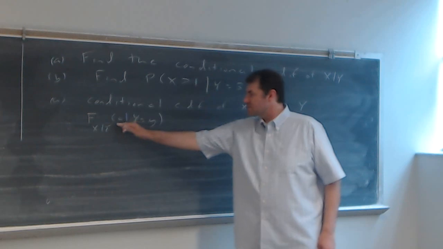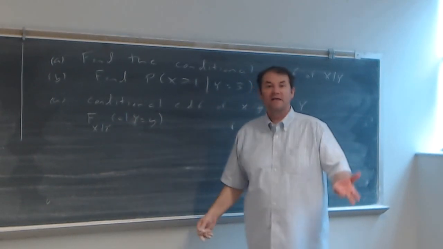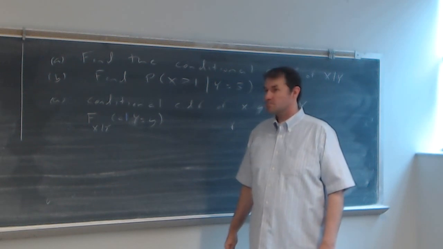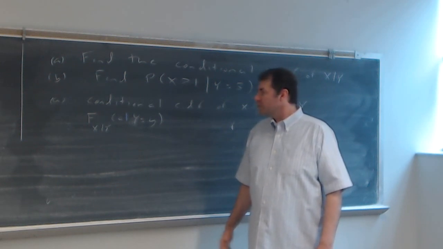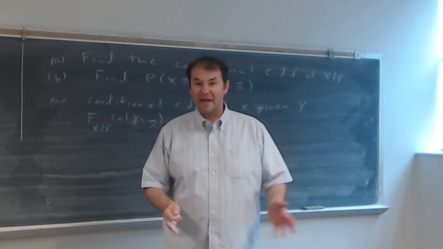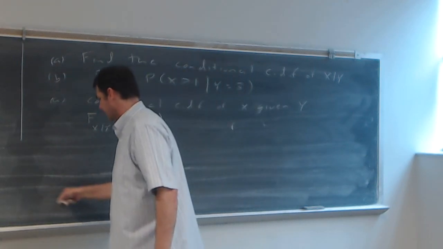So we want to know what the chance is that x is less than or equal to a, given y is whatever it is. What we'll do here is first notice that there are several cases because of what x's values are.